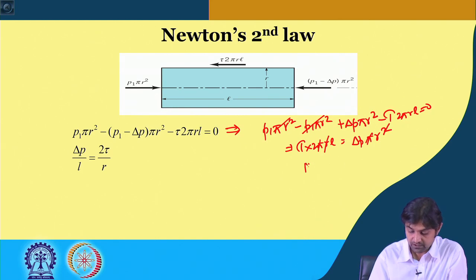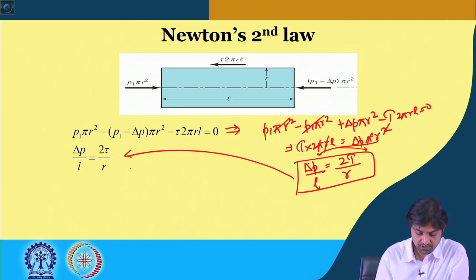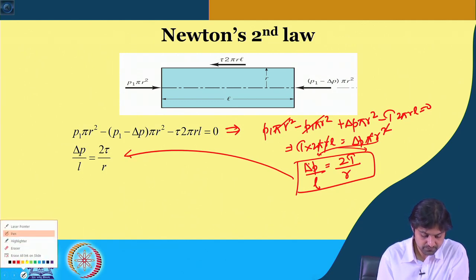So, delta P by L: if we bring L to this side, delta P by L can be written as 2 tau by r, and this r we bring downside here. This is exactly the same as we have written here. All right.